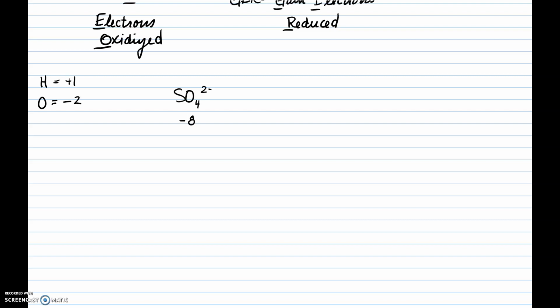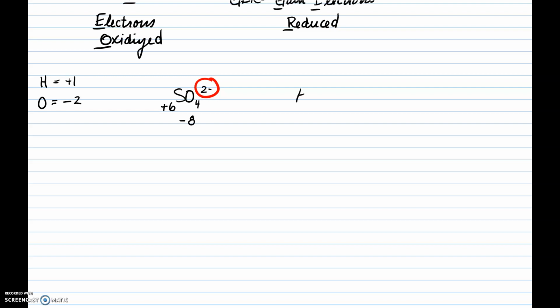And then you can look here at the overall charge of the molecule to figure out what the oxidation state of sulfur is going to be. So whatever it is going to have to combine with this oxidation state of -8 to ultimately give the molecule an oxidation state of -2, which means that sulfur in this case is going to be +6.